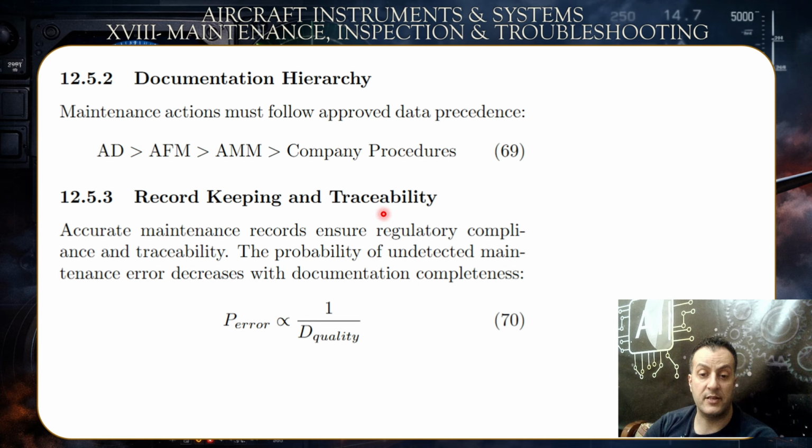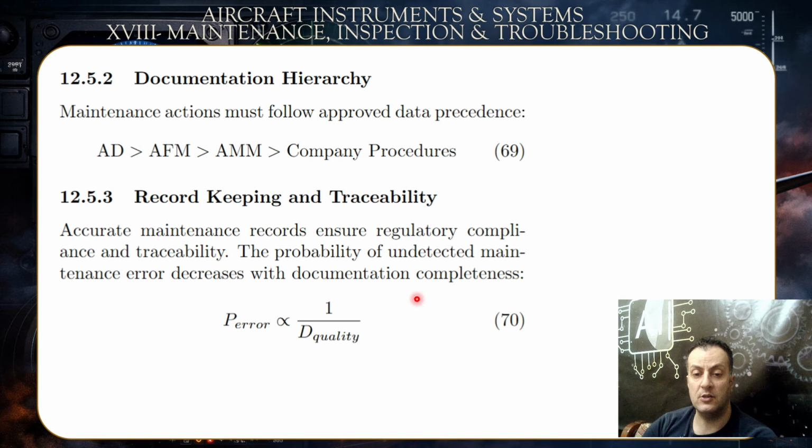Record keeping and traceability. Accurate maintenance records ensure regulatory compliance and traceability, so that in case you had a misdiagnosis or a misrectification, you can go back to the maintenance documents so as to assess what went wrong.